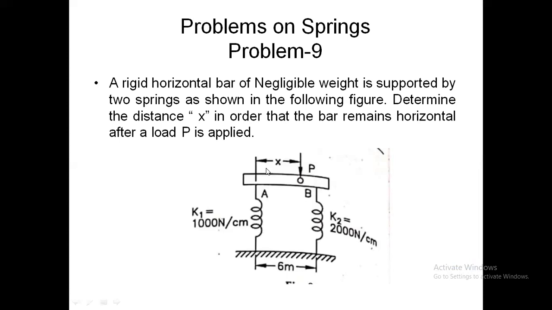You have to find out where to apply the load so that you can make these two springs at the same level, the same horizontal. What is the distance x which keeps the total set of springs horizontal when the load P is applied? So let's do this.